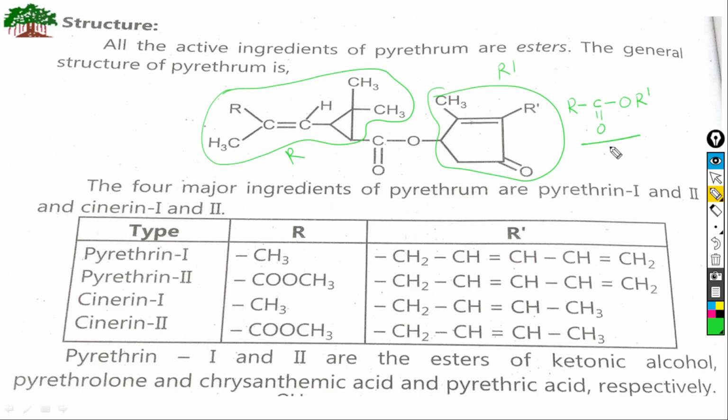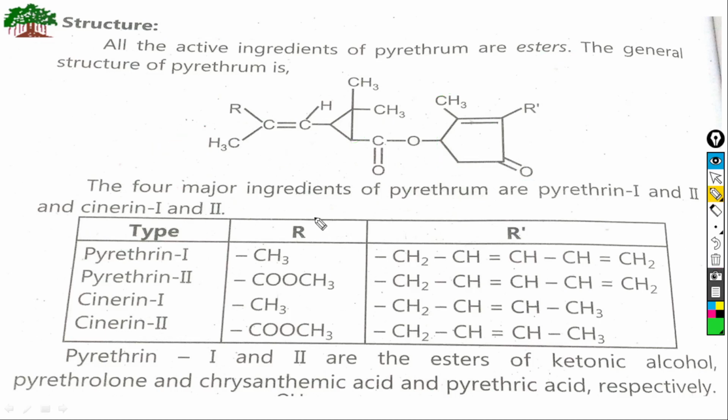That means it is an ester. So RCOOR dash is nothing but an ester. And that is why all the active ingredients of pyrethrum are esters. This statement is because of this general structure shown here.